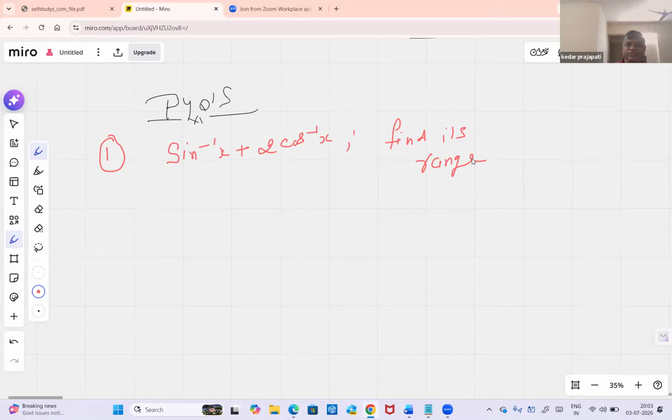How can we find range? Let us think. Sine inverse x is there and cos inverse x is there. Sine inverse x range is minus pi by 2 to pi by 2.